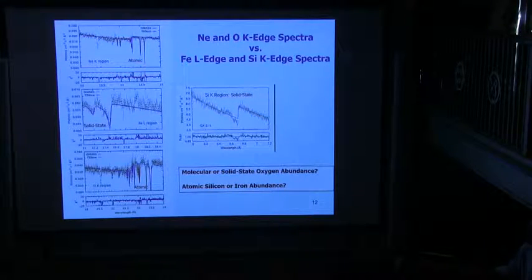It's generally believed that the neon is only atomic. The oxygen, this is still not an entirely settled issue, but the oxygen looks fairly atomic. Again, these are all Lorentzian profiles of Rydberg resonances.